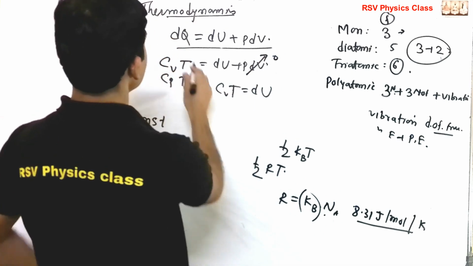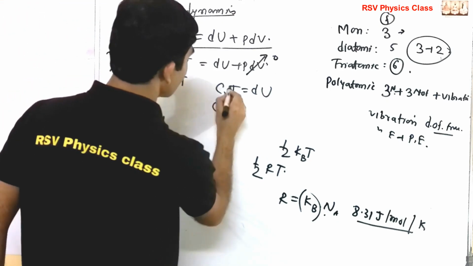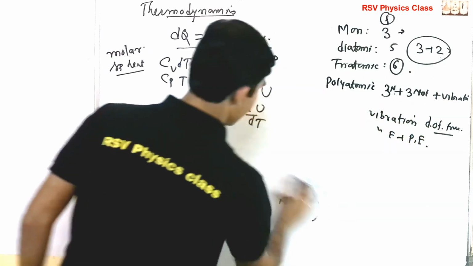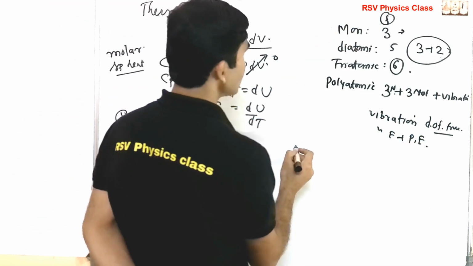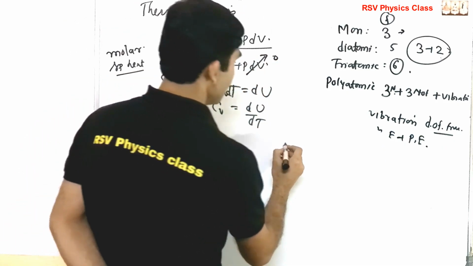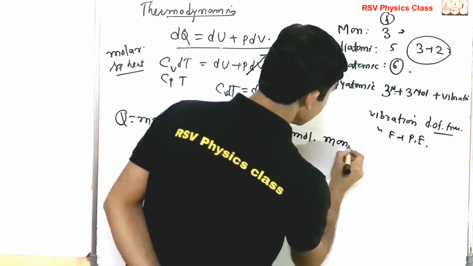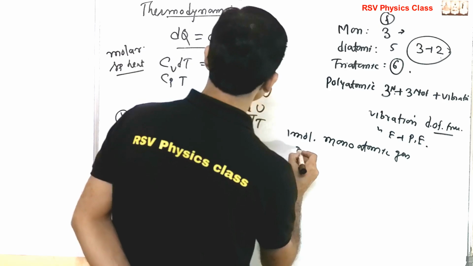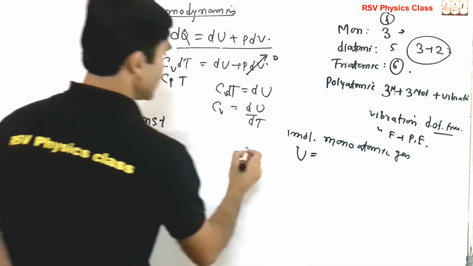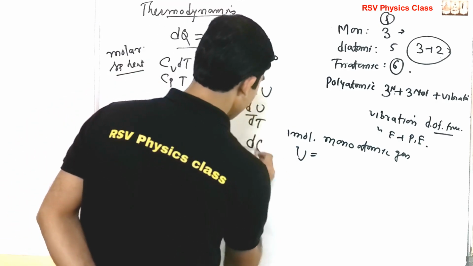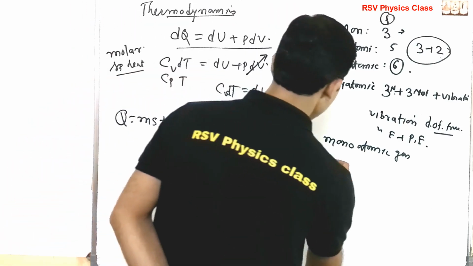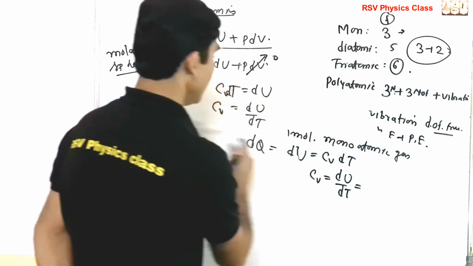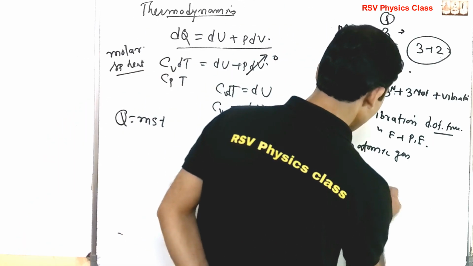So Cv equals dU by dT. So for 1 mole of monoatomic gas, the energy, that is Q, dQ equals dU. dQ equals Cv dT. So Cv equals dU by dT, equal to dQ by dT. Okay, so you can write all of these.